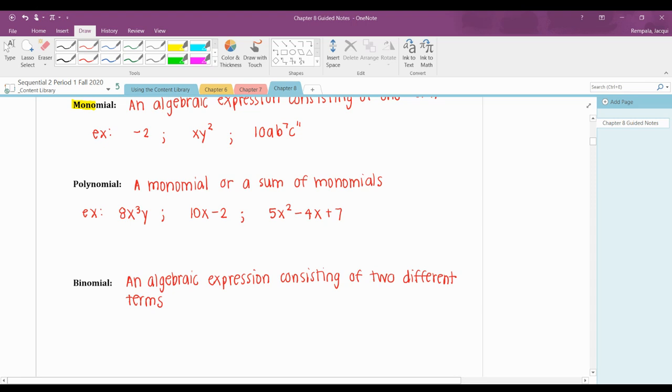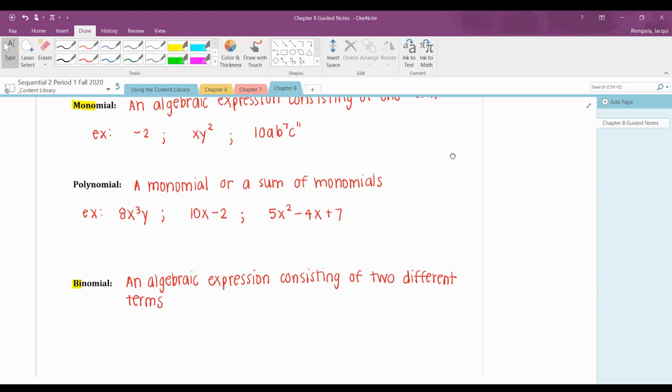Okay, so an algebraic expression consisting of two different terms, meaning they are not like terms. So two terms, well, that's why the beginning of it says bi. Think about like bicycle. There's two wheels there. Okay, so binomial, it's two terms, but they have to be different.